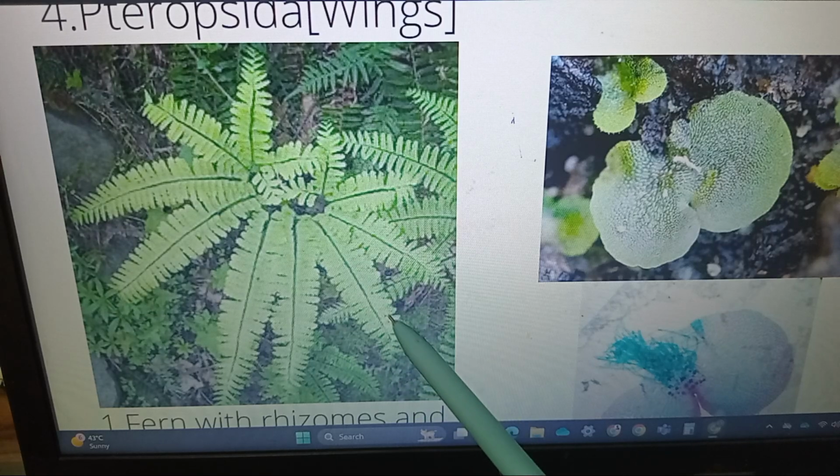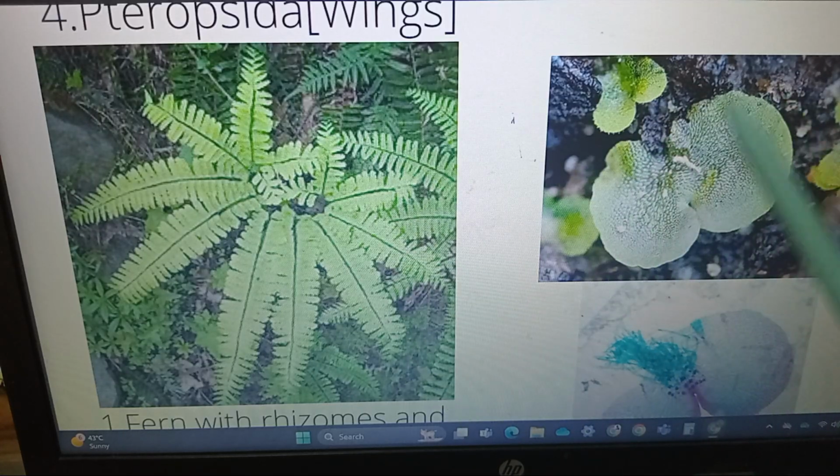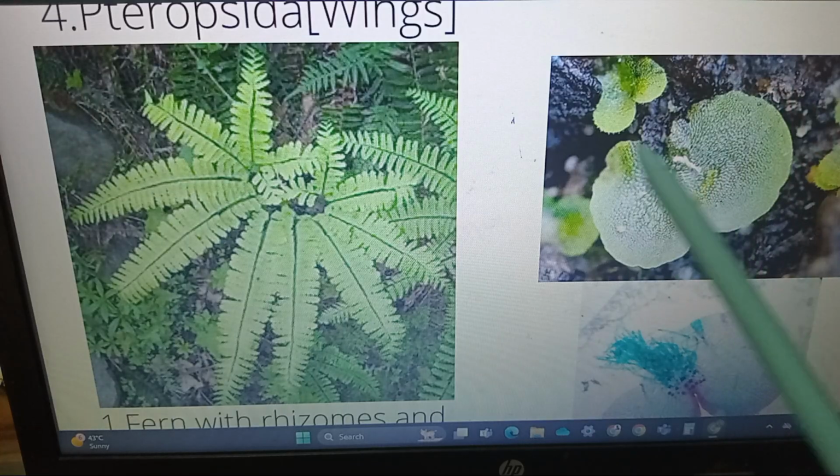These spores are produced by mitosis. These spores will give rise to a structure called the prothallus, which is a gametophyte.